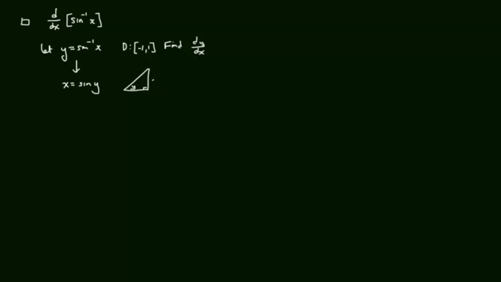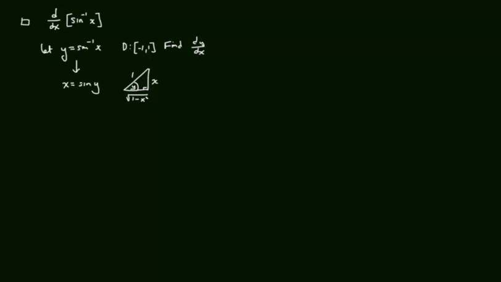So we know the sine is opposite over hypotenuse. So the sine of the angle y is in fact x over 1. At this time, it is also appropriate to find the missing side, which would be the square root of 1 minus x squared. I do in fact want you to draw that right triangle.